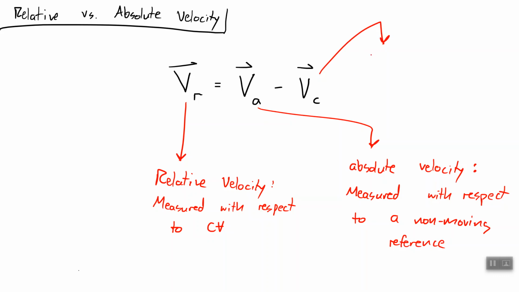Finally, VC is the velocity of the control volume, and this, we should note, is measured with respect to a non-moving reference.